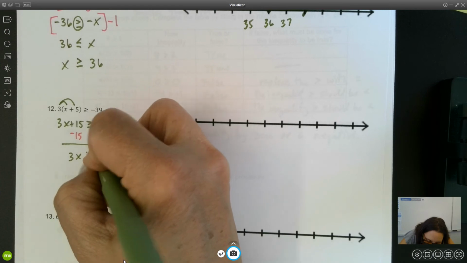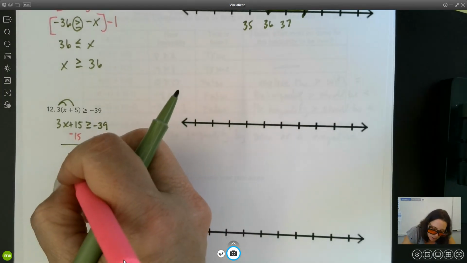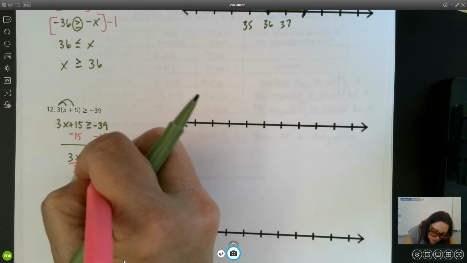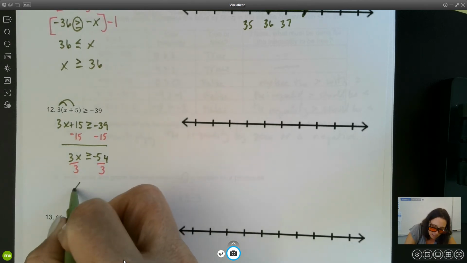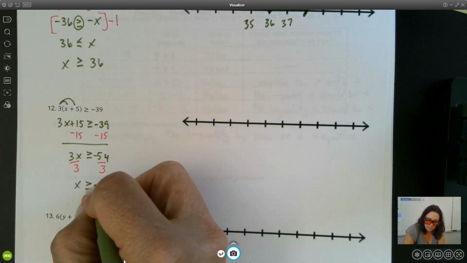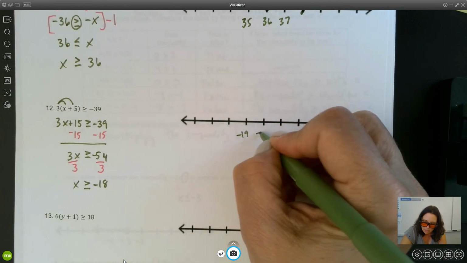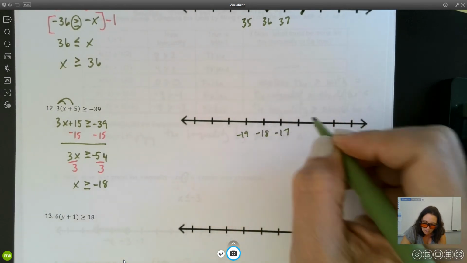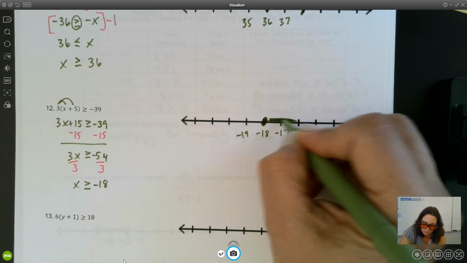Negative 54. Okay, I'm going to divide by 3 or multiply by 1/3. Okay, that pink 3, dividing by a positive, this stays the way that it is. Your answer is negative 18. So you need a negative 19, negative 18, a negative 17, solid circle, shaded right.